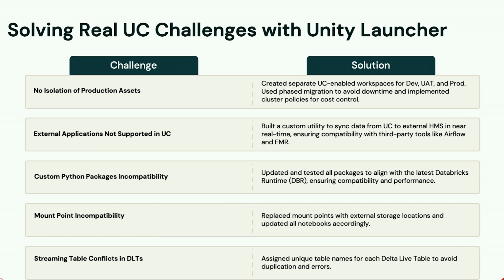So migrating that which was not supported in UC to now start supporting UC. Mount point incompatibility, I just talked about that. And streaming conflicts. One major issue we found in DLT, we were able to resolve using Unity Catalog.